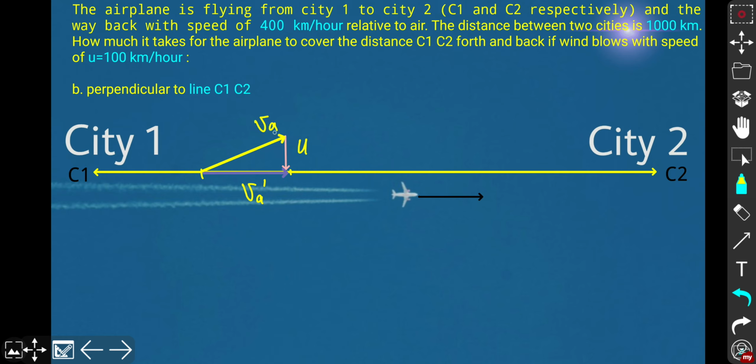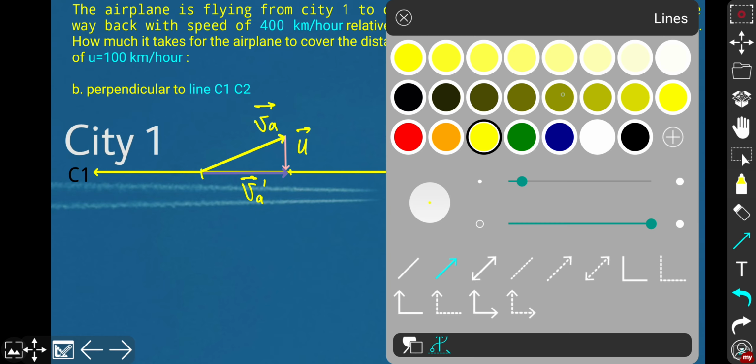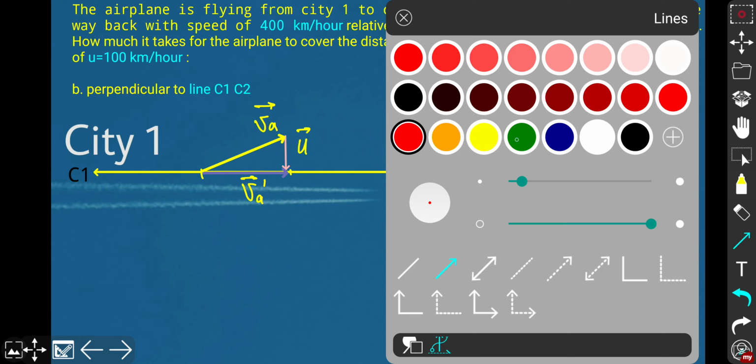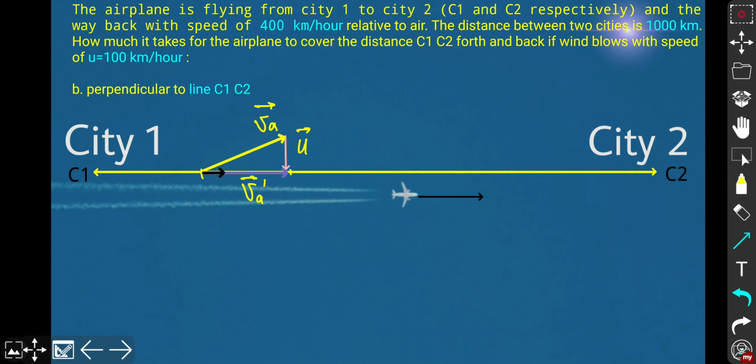All right, so there are both vectors, and we have the triangle. Let it be the black one. So that's going to be the black resultant VA prime, the velocity that the airplane will eventually stick to, so that it arrives from C1 to C2.